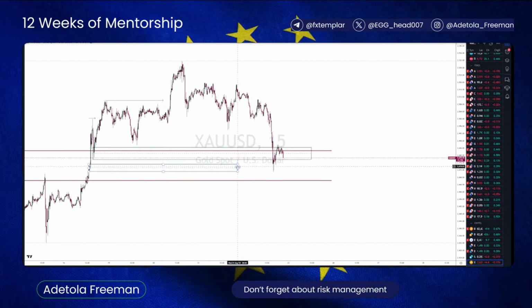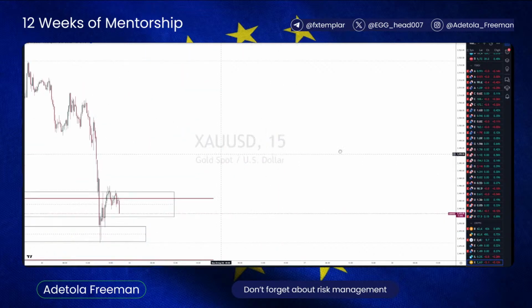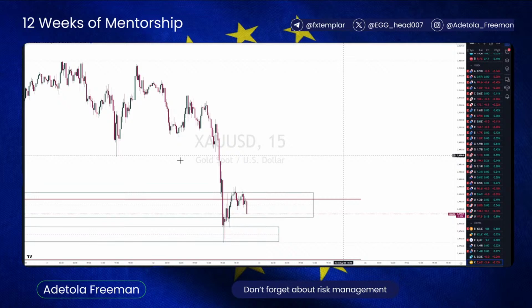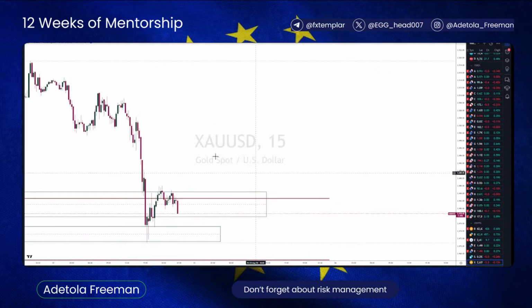All right, good. So can you see price went cleanly through the first area of demand that we highlighted from the double break of structure, but see what is happening at the second area of demand. So what do we do here? We're looking for our double break of structure.